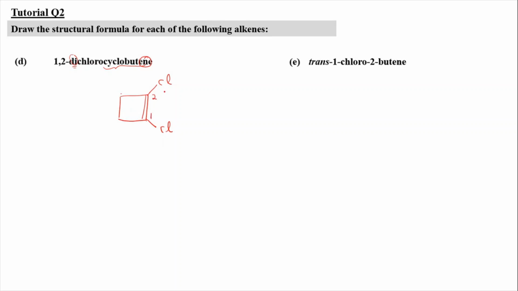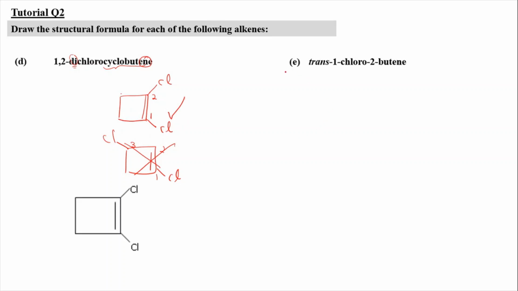Okay, you cannot do Cl and Cl here because the double bond is going to take number 1, number 2, and then the chlorines would be at number 3. So for this case, this is not what is required. What's needed is here.